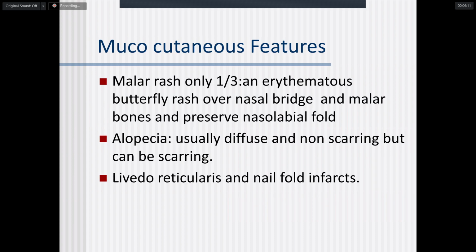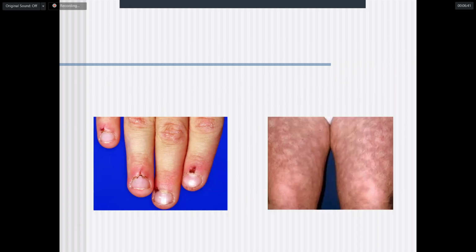Mucocutaneous features بصير في عندهم malar rash بس in 1/3 of patients. الissue malar rash, it's erythematous butterfly rash over nasal bridge and malar bones and preserve nasolabial fold. ممكن يصير في عندهم alopecia which is diffuse and non-scarring, and they might develop livedo reticularis and nail fold infarcts.